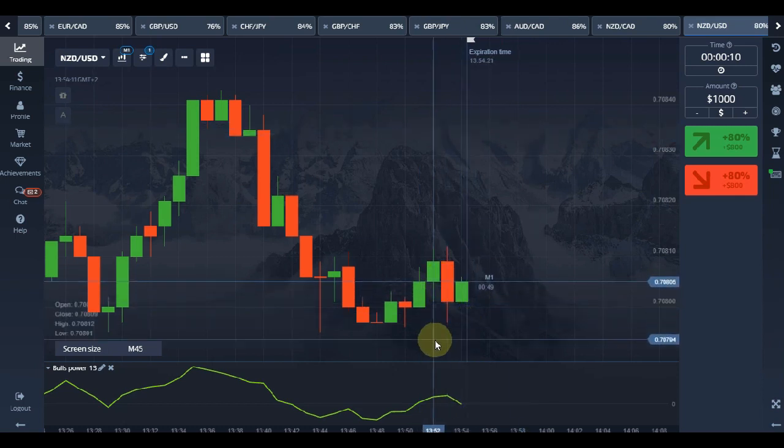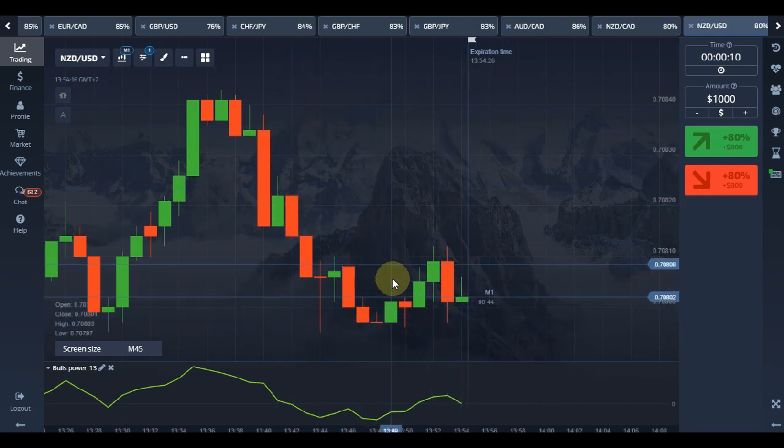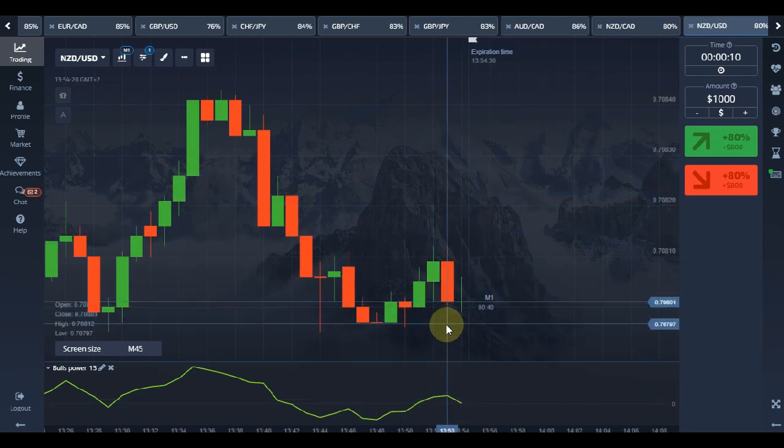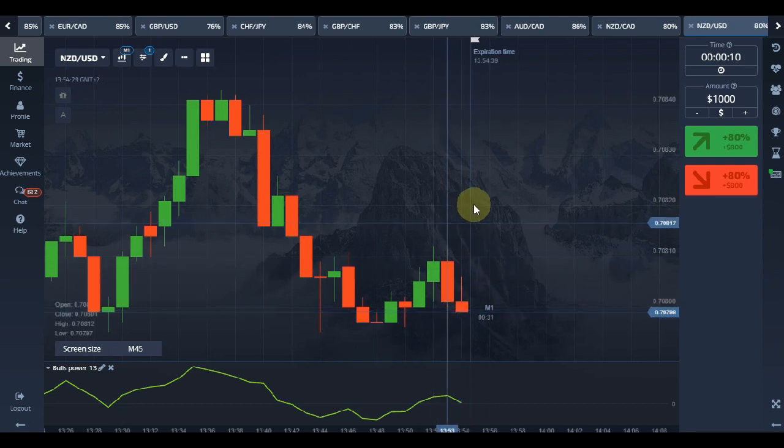So guys, you have to wait and watch the chart first, then you take the trade. If you take it on time, you will 100% win. If you are late, you lose your money.